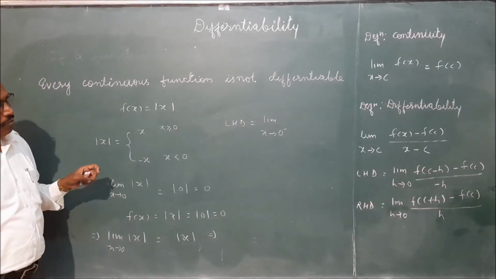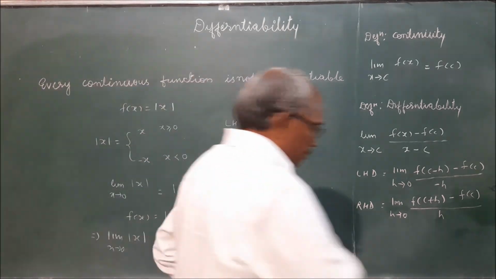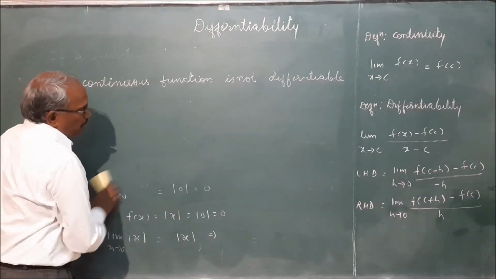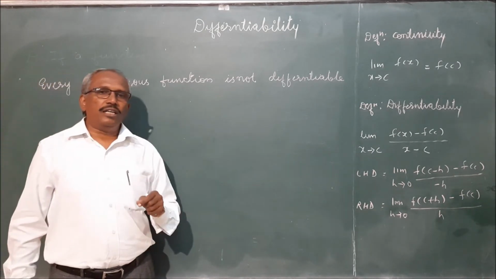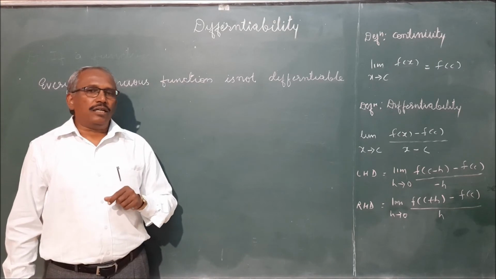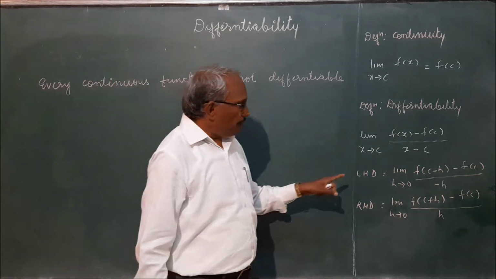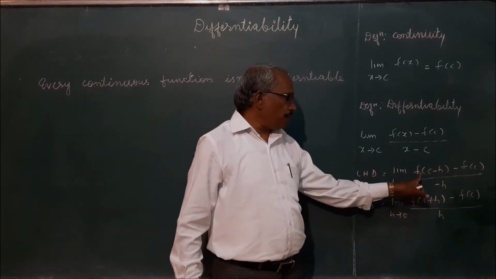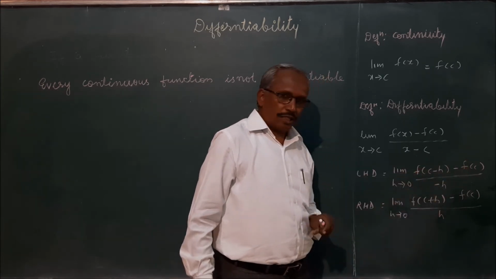Now we will check whether this function is differentiable or not. To check differentiability of a given function, we will check the left hand derivative and right hand derivative of the function. The definition of left hand derivative is limit h tends to 0, [f(c minus h) minus f(c)] upon minus h.